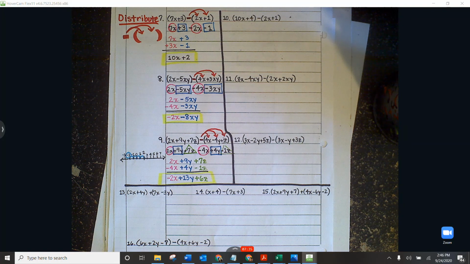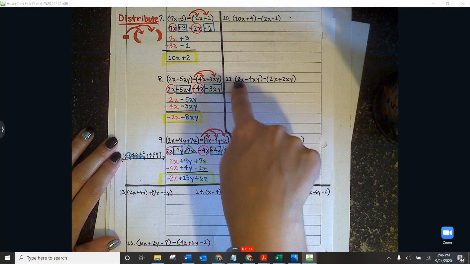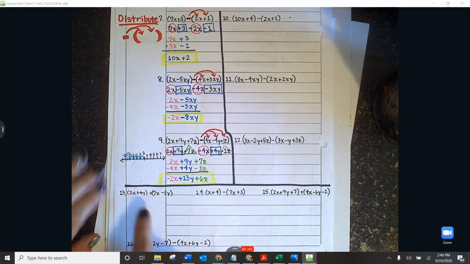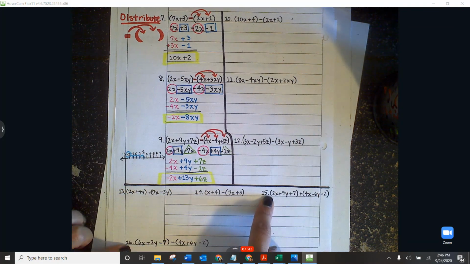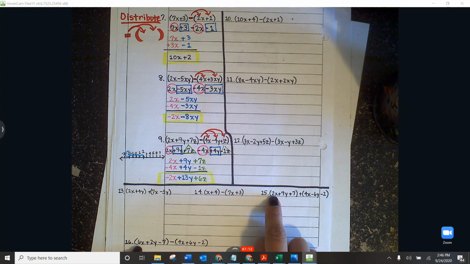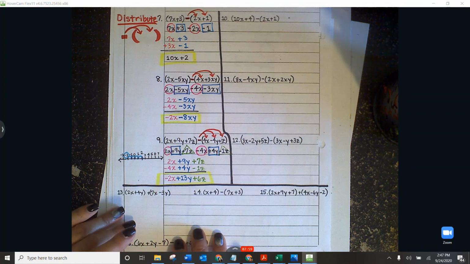Okay, and like I had stated, you guys have to finish numbers 10, 11, 12, and then you also have your exit ticket questions, the last 4, number 13, 14, 15, 16. Please be very careful whenever you're writing this down because 15 and 16 look very similar, except the first term is different, and also this one you are adding, this one you are subtracting.